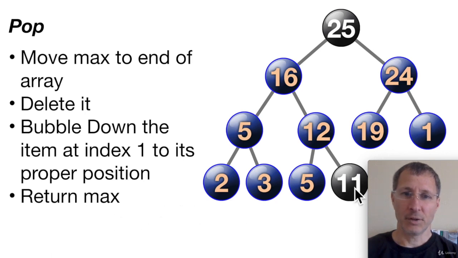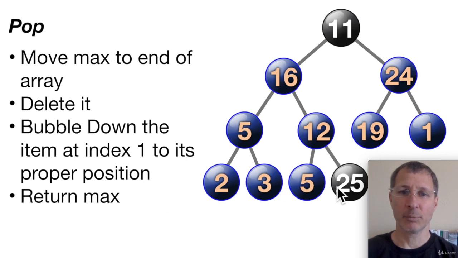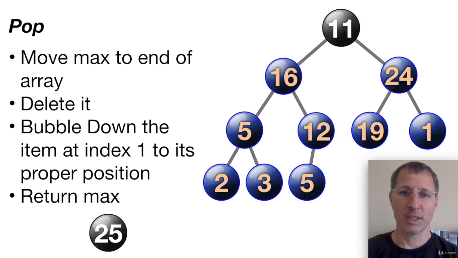So 11 is in the last position, 25 is the item we want to pop. So we're going to swap those two, 25 and 11 swap places. Now we can remove 25 from the heap without affecting the rest of the heap. It's in the last place, it doesn't affect anything else in the heap.